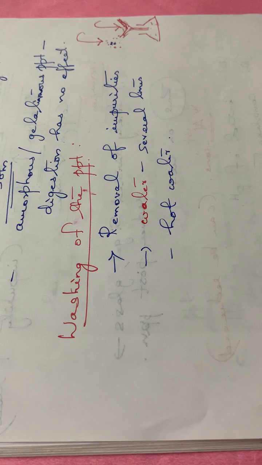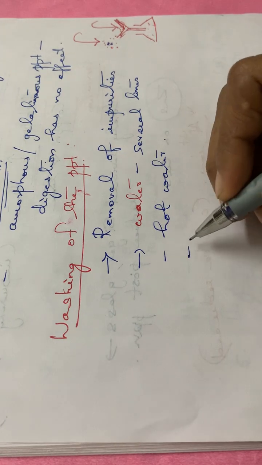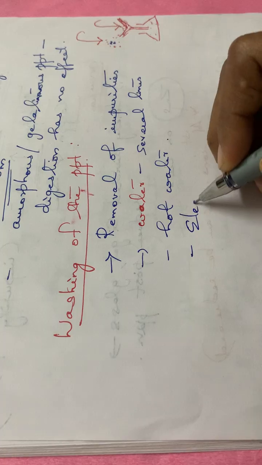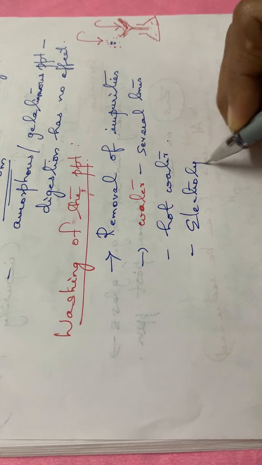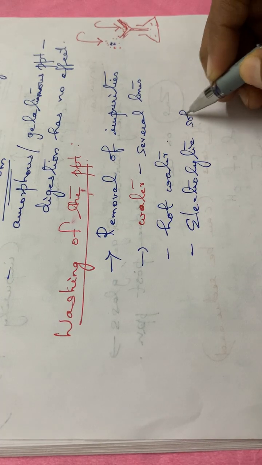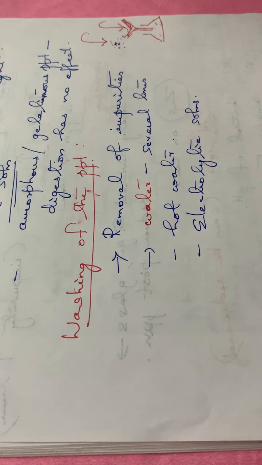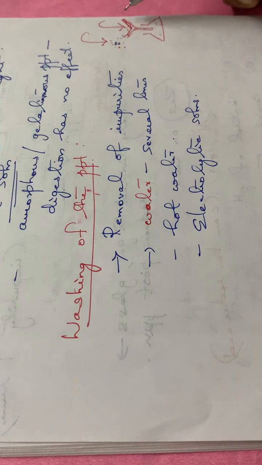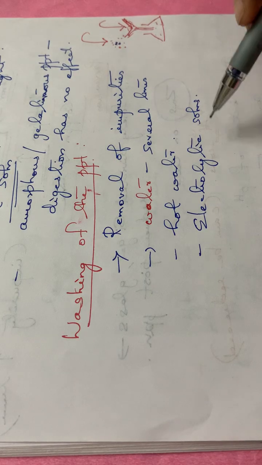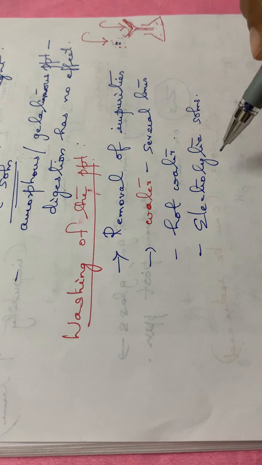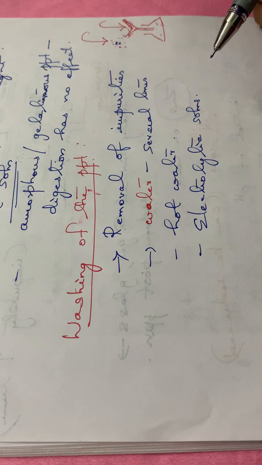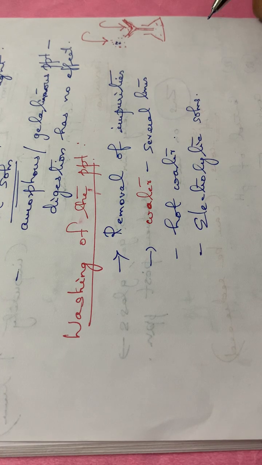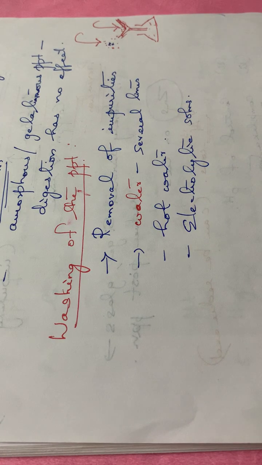Sometimes electrolytic solutions might also be used for washing this precipitate. The adsorbed impurities might easily be removed by using these electrolytic solutions. So this is about the washing of the precipitate.